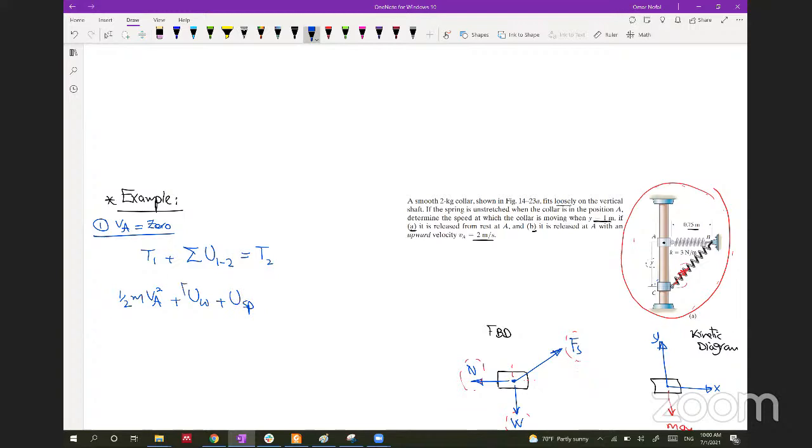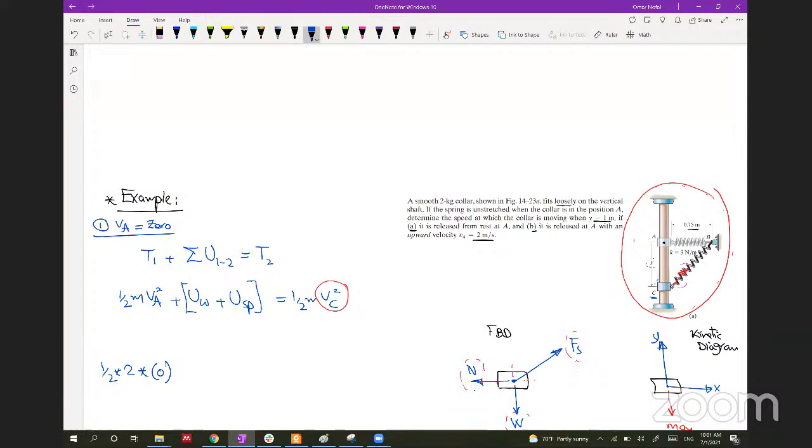So the sum of U from 1 to 2 will be equal to half m VC squared. And what is required in this problem is the VC. So let's construct our problem. We'll have half multiplied by the mass, which is 2 kilograms, multiplied by VA squared, which is 0, because for the first one we will assume that VA is equal to 0.